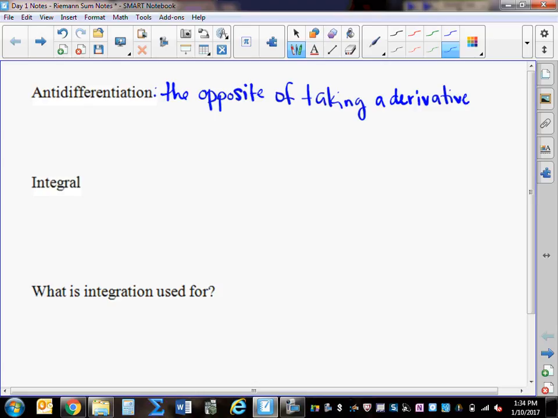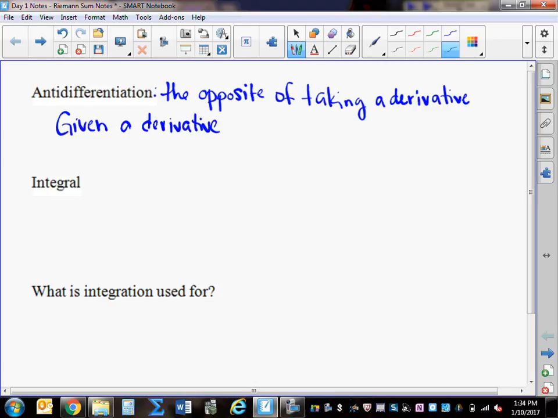So you can think of this as an inverse operation, like I was relating square roots and squares there. So if we're given a derivative, or even just a function, when we anti-differentiate, we're going to find the previous equation that, should we take the derivative of it, would give us our original equation.